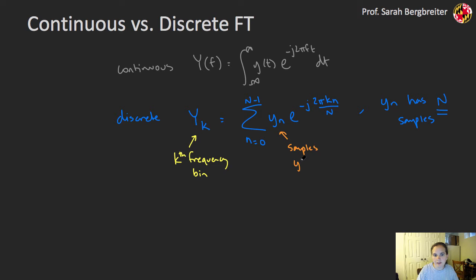I can also think of this as y, n in square brackets, depending on how you want to represent sampled signals.